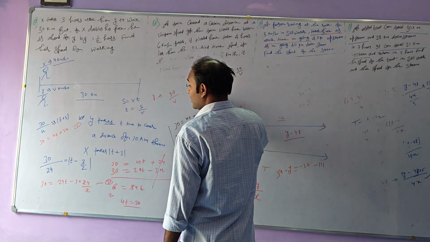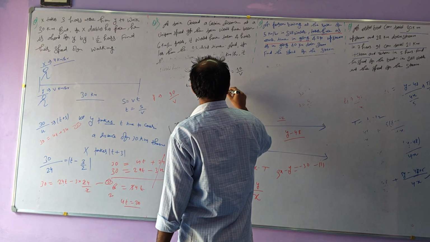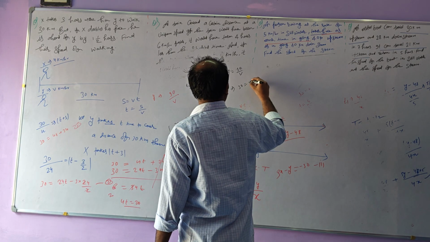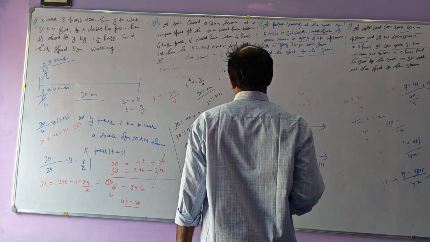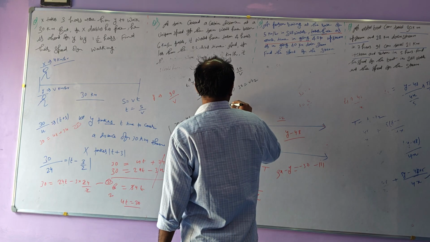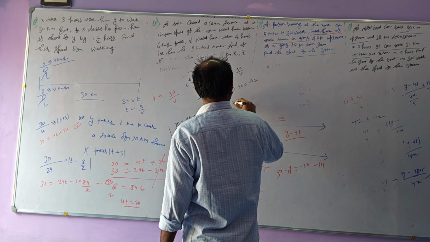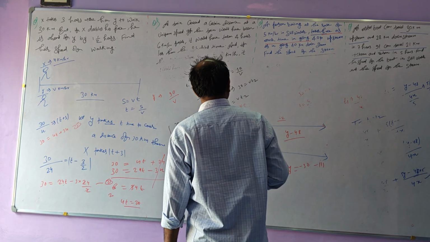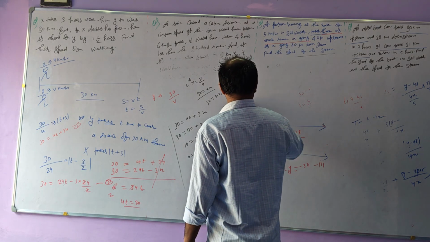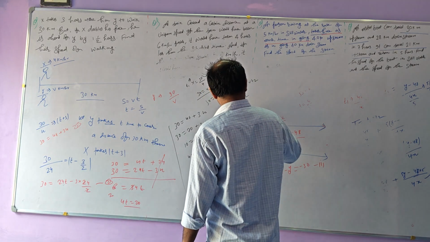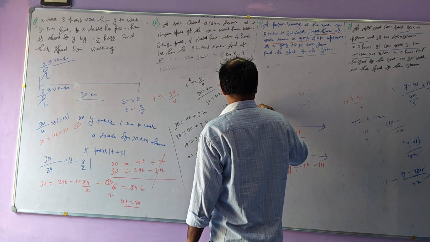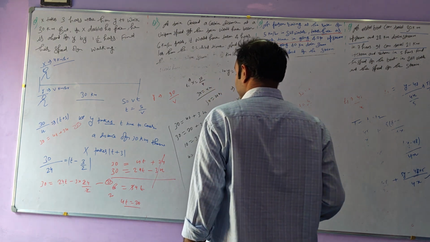That becomes 30 upon u times t1 is equal to 30 upon v times t2. When we compare both equations, it becomes u t1 is equal to v t2. Then v becomes u t1 by t2.